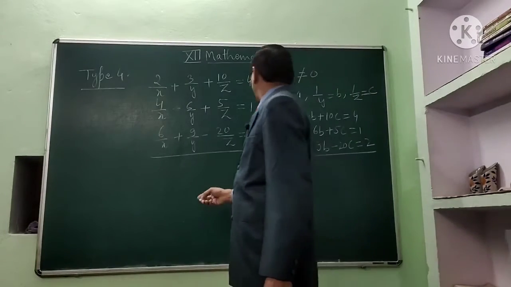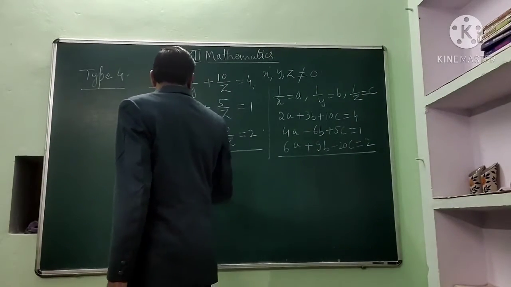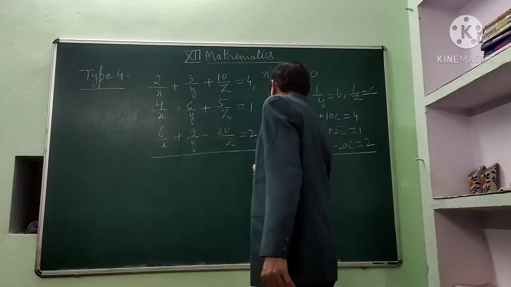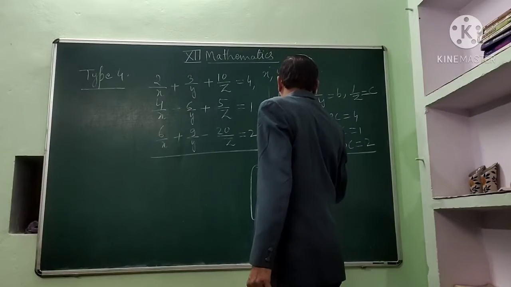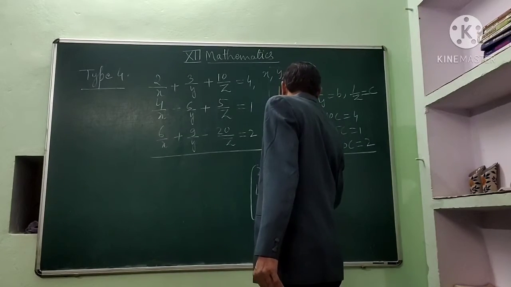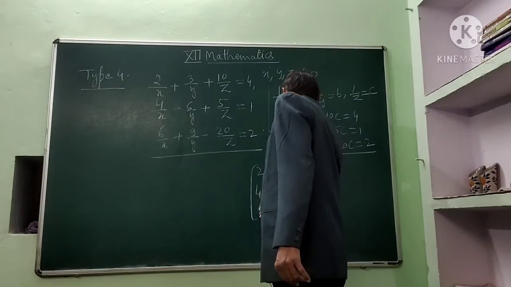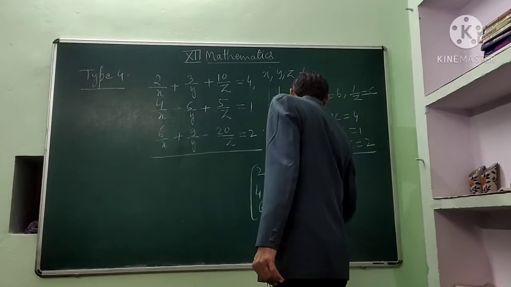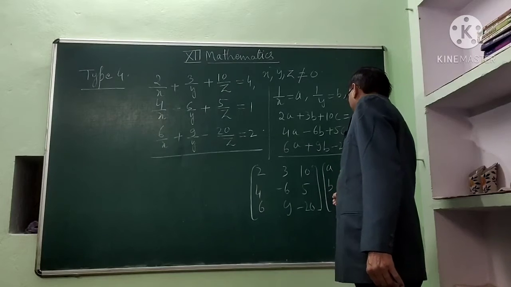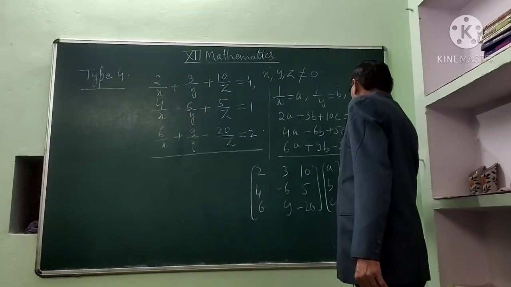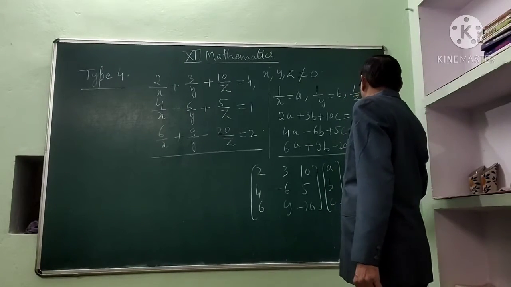And then the matrix form is: write the coefficients, [2, 3, 10; 4, -6, 5; 6, 9, -20], times [a, b, c], and the right hand side matrix is [4, 1, 2].